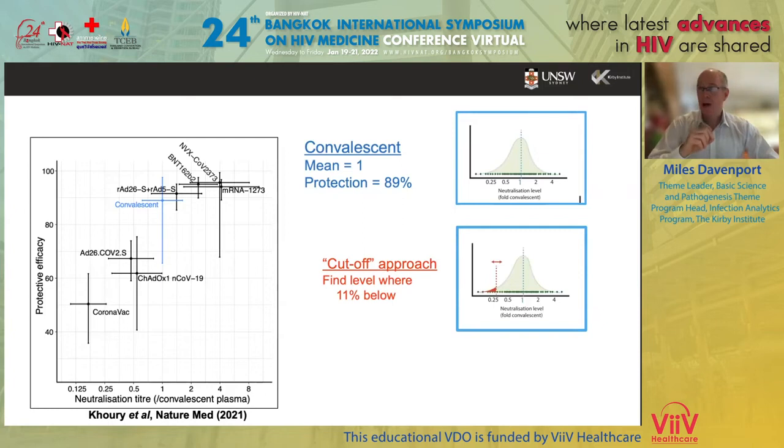They also observe about 89% protection from reinfection in people that have recently been exposed to infection. So a very simplistic approach would be to use a cutoff approach. So to say, okay, 89% protected, 11% were infected. So let's just find the neutralization titer which would separate the bottom 11% of most susceptible individuals. That would be one way of finding a threshold.